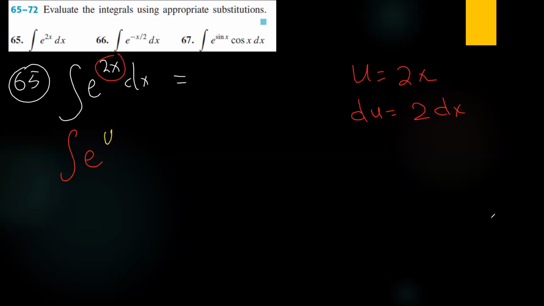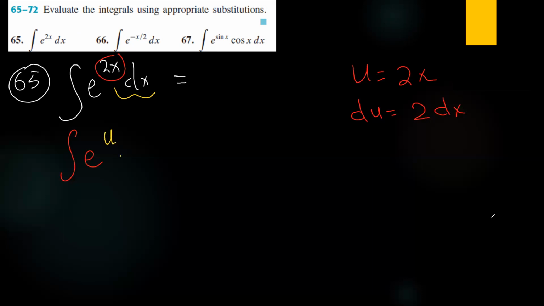Now, the first step, you have to suppose that 2x is u. So if u is 2x, du will be 2 dx. Then I have to substitute 2x with u. So e, but now instead of writing 2x, you have to write u.